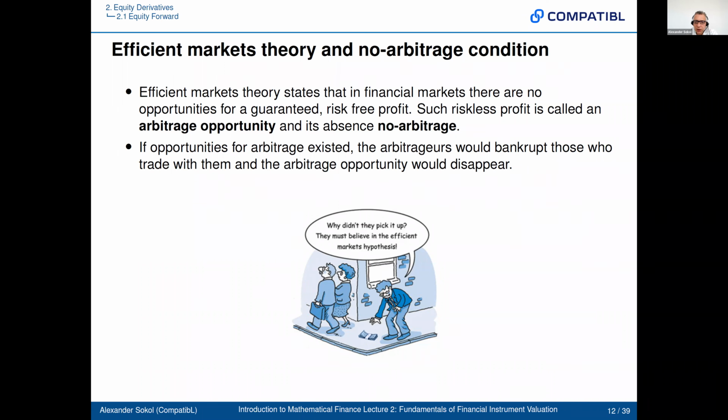So then they do it again and again and again until the seller runs out of stock, runs out of money to buy stock, right? Because every time this happens, a lot of people will jump on the opportunity for riskless profit and bankrupt the person who is selling, right?